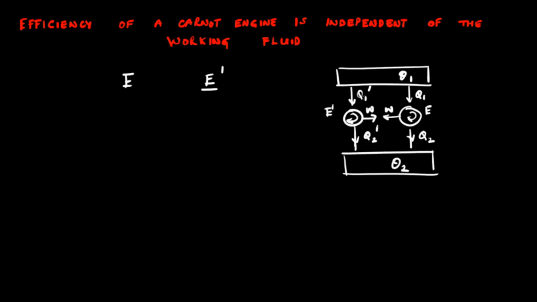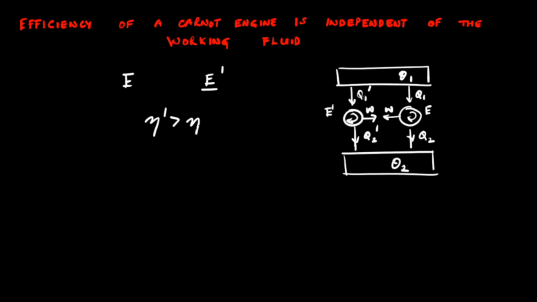So let us assume first that the efficiency of engine E prime is greater than the efficiency of engine E. Our aim is to show that the efficiency of a Carnot engine is independent of the working fluid. So we assume first that this is not true and the efficiency of one of the engines is greater than the efficiency of the other engine.